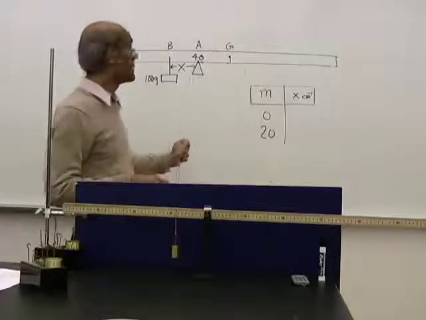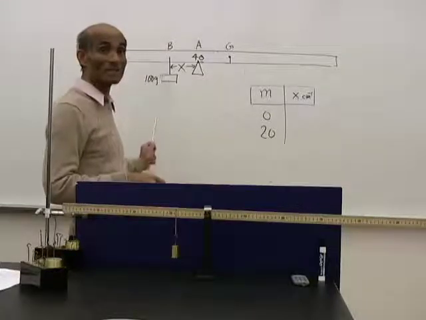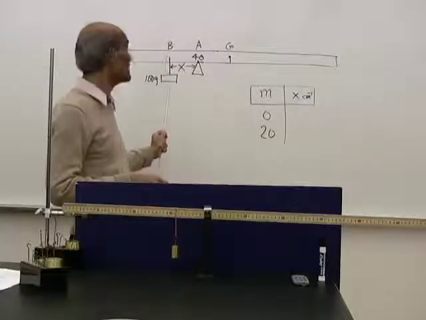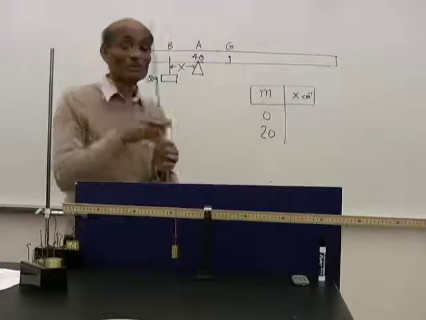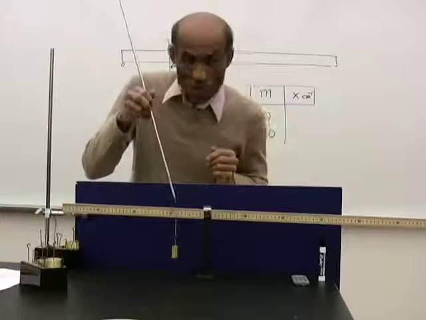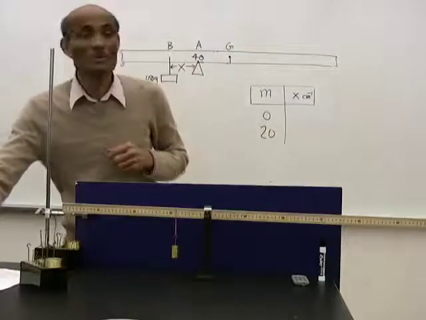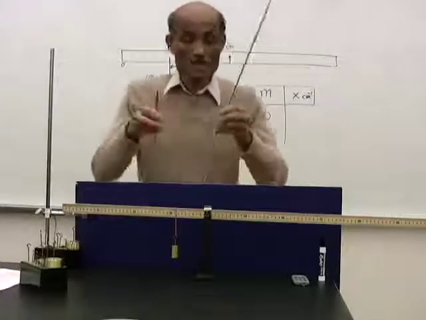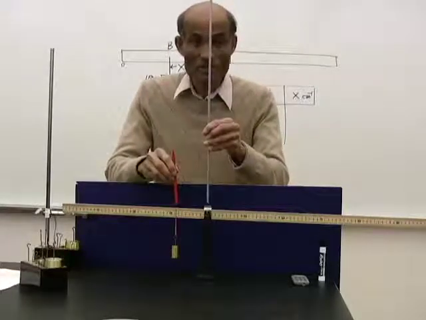Balance it there by suspending a 100-gram mass from point B so that AB equals x. Measure and record that x. Alright, measure this x.